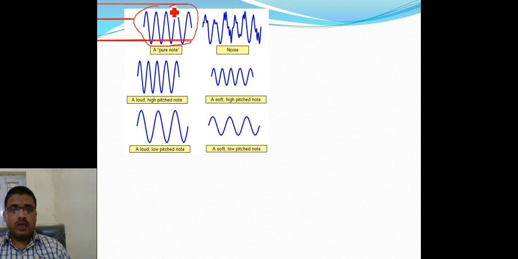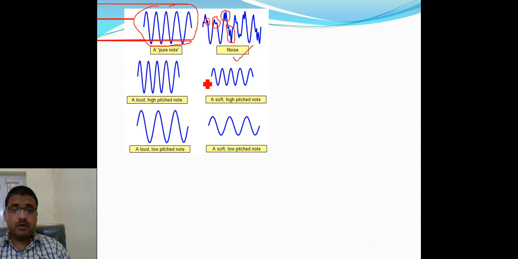Here you can see all the amplitudes, all the maximum positions of the waves are the same. But here, what you can observe is that in this sound there are different kinds of disturbance. And if different kinds of disturbance are created, the sound is not pleasant to listen to, and that's why it is considered as noise.